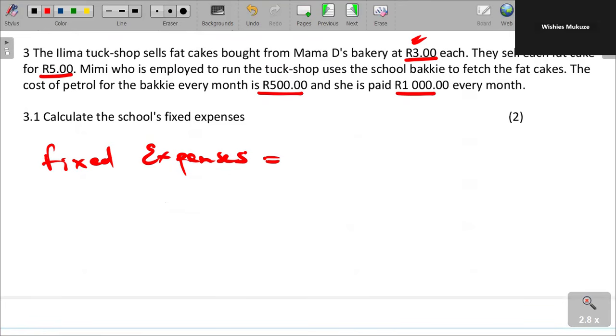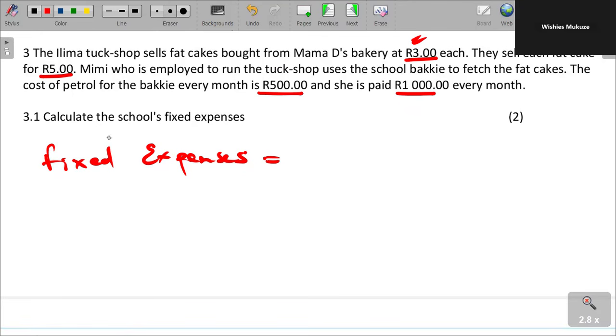I mentioned that we have a monthly income or monthly pay, an amount of money that does not always change. She is paid 1,000, and the cost of petrol for the bag every month is 500. So the 500 cost of petrol, plus the salary for Mimi.